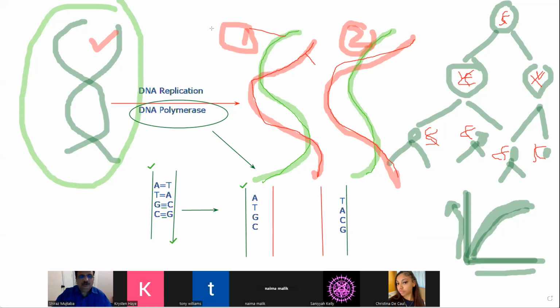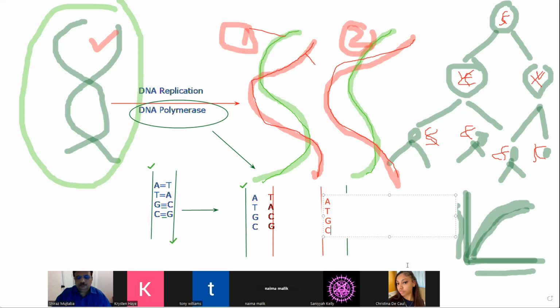Now, what will be the corresponding base here? It will be T, A, C, G. On this strand, it will be A, T, G, C.